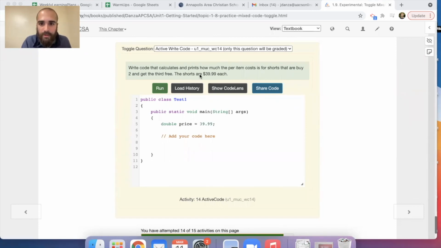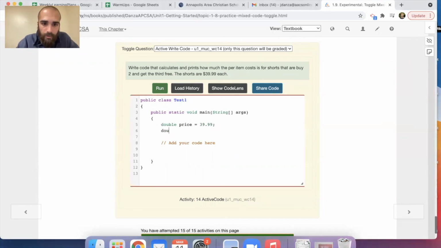All right, so the last one, number 15, says write code that calculates and prints how much the per item cost is for shorts that are buy two, get the third free. Shorts are $39.99 each. So I'll create a double and I'll just say total. We're going to take whatever the price is and multiply it by 2, because that's how much it costs for 2.